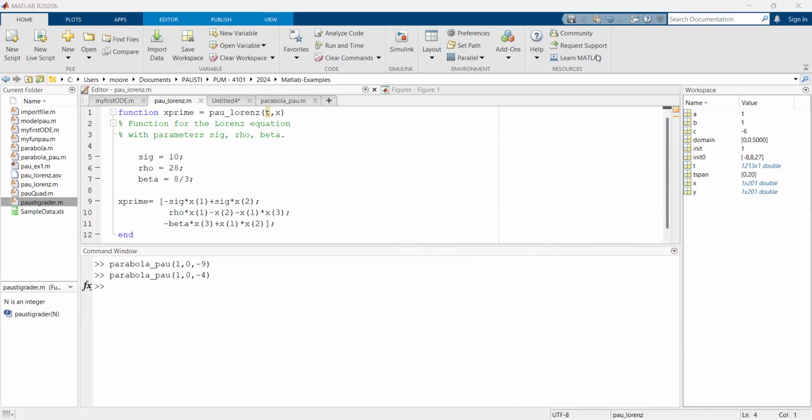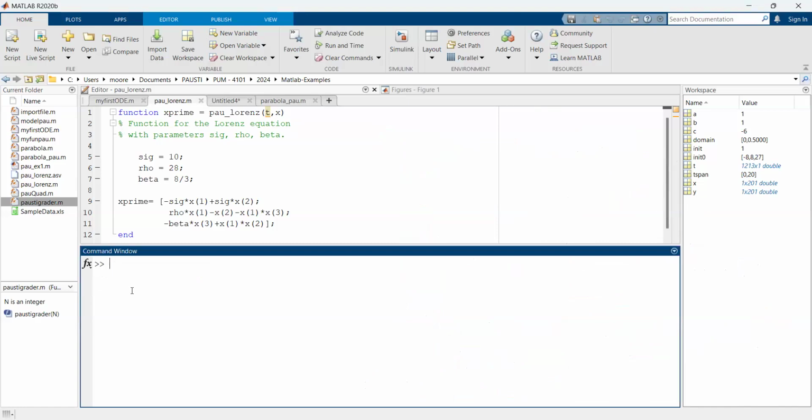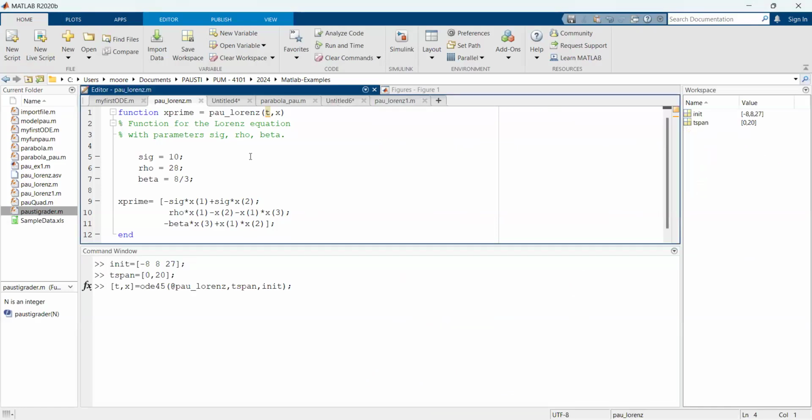If you want to call such a function, what we do is we go to the command window. Once we finish writing our function here, which is the power Lorentz tx, with x prime as the output argument, we declare our parameters sigma, rho, beta, and our system of equations. Every equation takes one row.